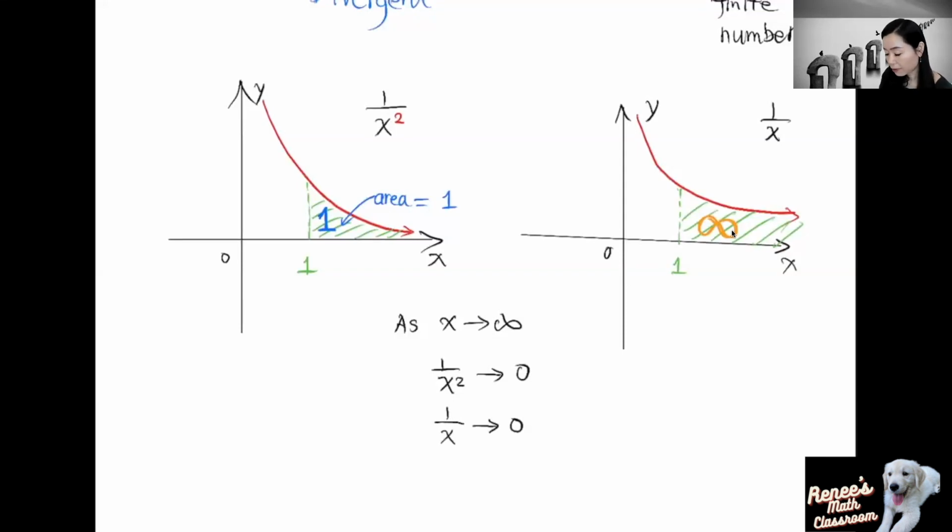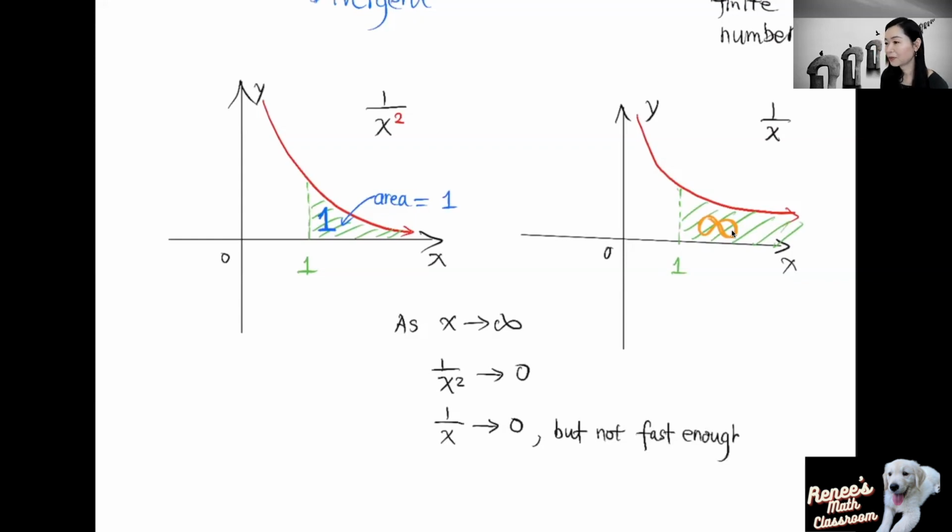But 1 over x squared gets closer to 0 fast enough, so you have a finite area under the curve from 1 to infinity. This one here, 1 over x, doesn't go to 0 fast enough, so you don't have a finite area over here.